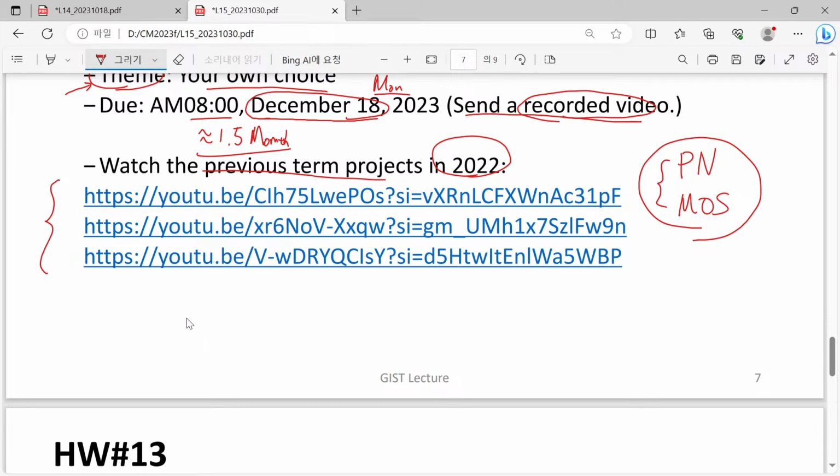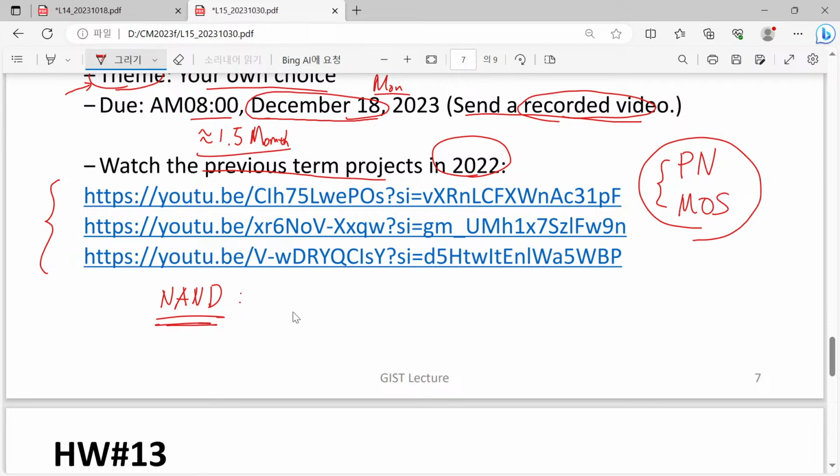For example, let's assume one case. Some of our previous students selected the simulation of a NAND device as the theme of a term project.